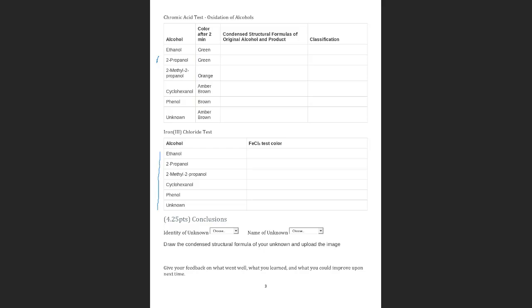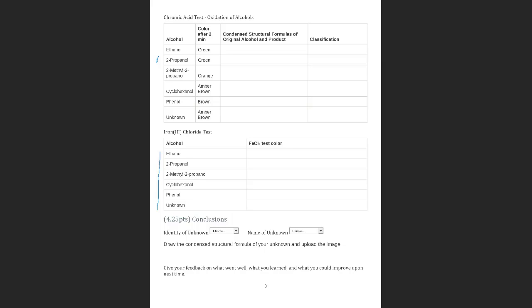So you know that it is either ethanol, 2-propanol, 2-methyl-2-propanol, cyclohexanol, or phenol. You will compare your unknown with those 5 and decide which one is your unknown. Very good. This is basically all, and then you will have to draw the condensed structure formula of your unknown, which we already went over.